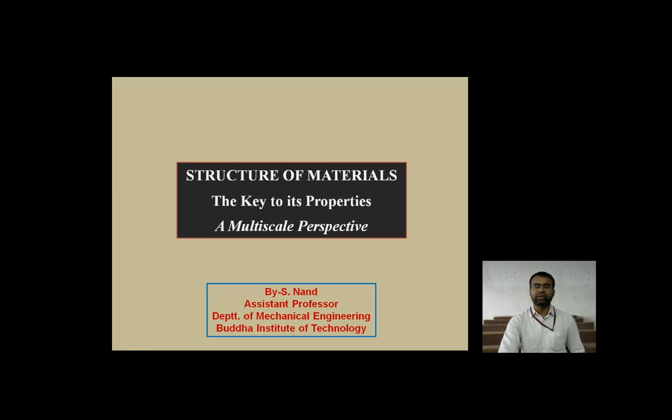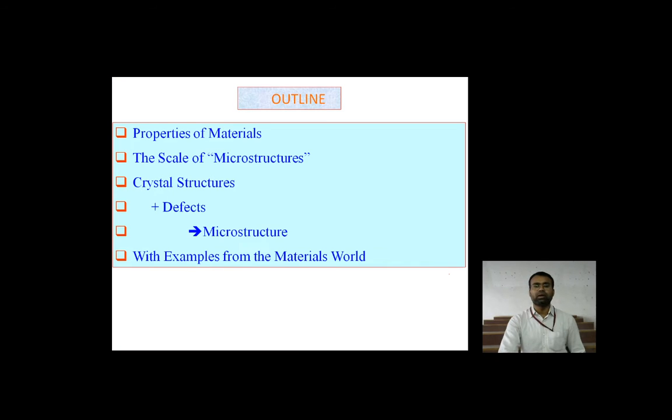So for proceeding with this, we are moving on to the outline. The properties of the materials, what they are related to, and the different types of materials. Then how materials take shape: the scale of microstructures, how it builds from the micro levels, the crystal structures, and then the defects.